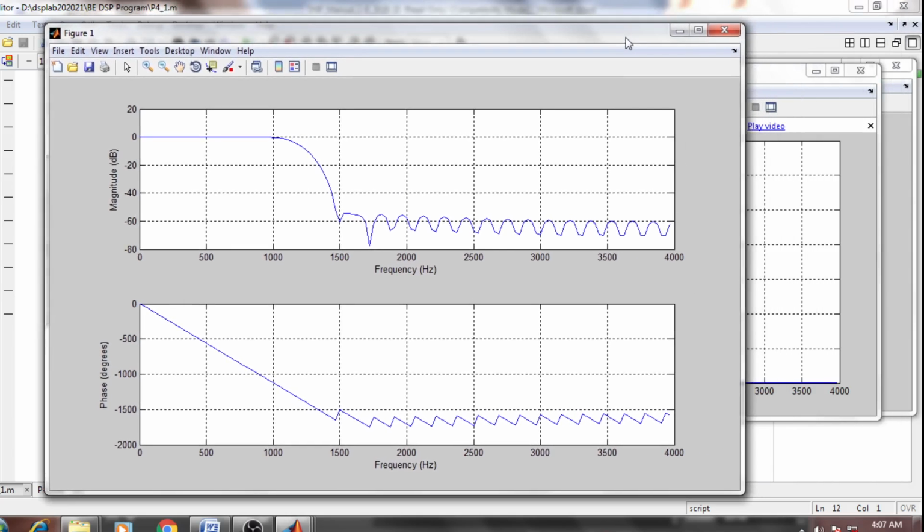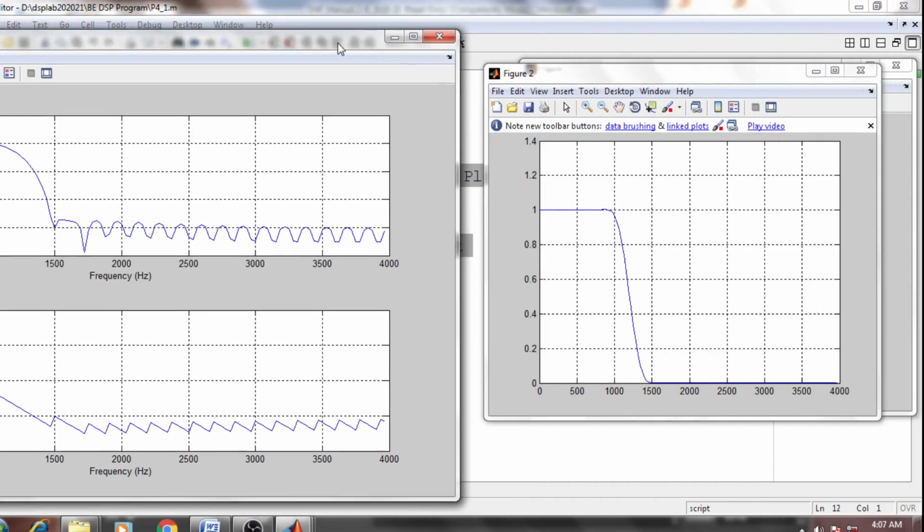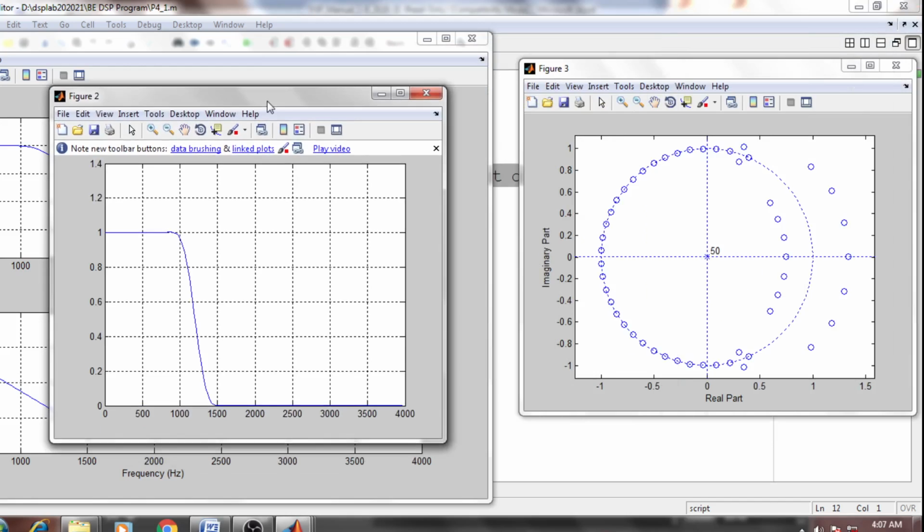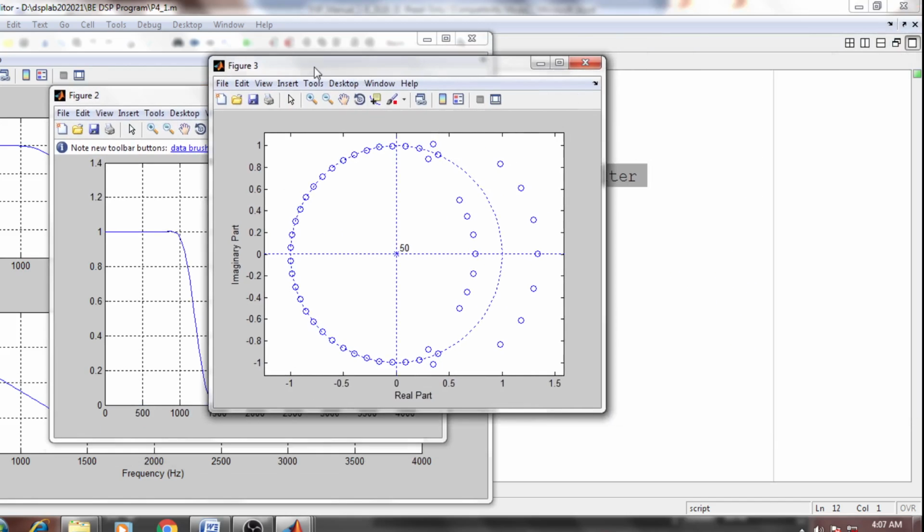Similarly now we go over the second one. The second one is giving you the complete narration of your low pass filter implementation. Near about 1200 hertz frequency is taken. You will see the pass band and stop band very clearly from this graph. And the third one is the Z plane.